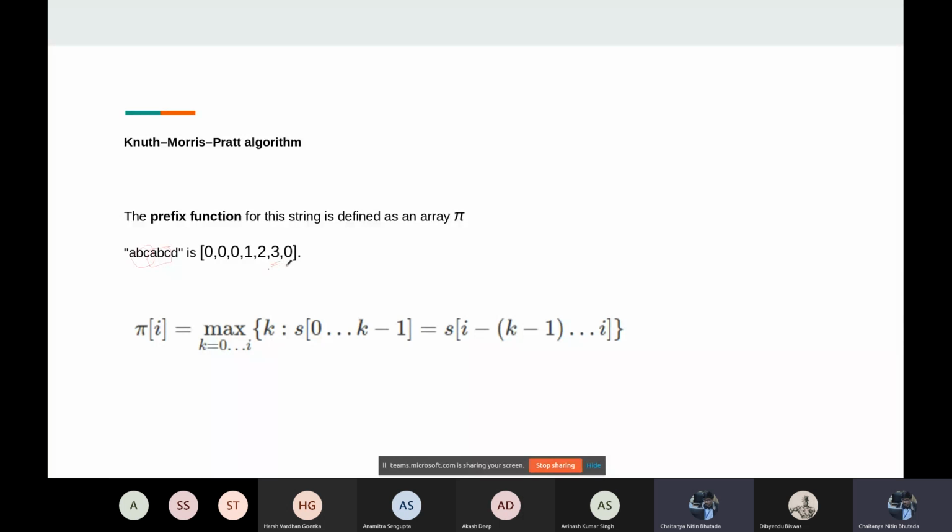Like prefix is equal to suffix of same length, like abc, suppose x and abc, so this and this. So the maximum length we can find such that abc matches this abc.